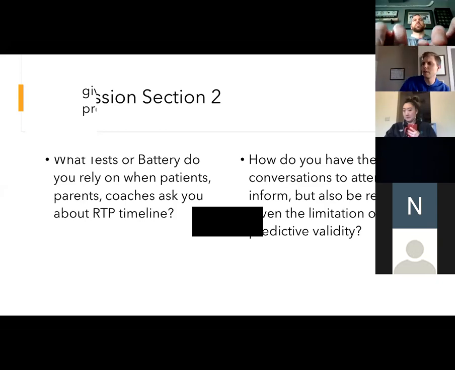Yeah, and I think it brings up a good point. There was a study done by Malliaropoulos, the 165 sprinter injuries. They did find that there was no correlation between established range of motion deficit or ultrasonographic appearance and risk of re-injury.